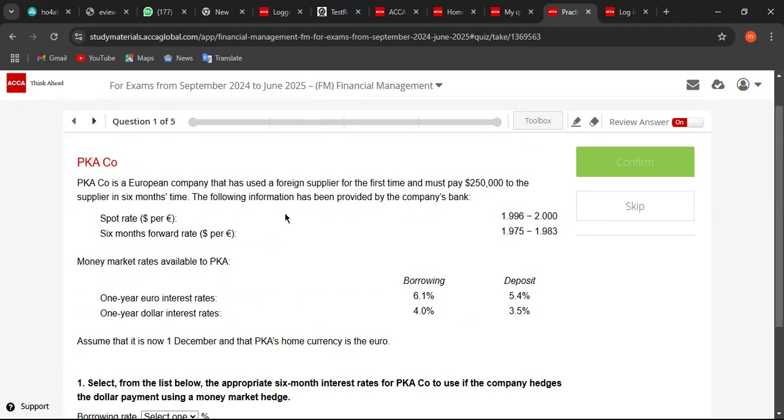The examiner has given you the spot rate. The 6 month forward has been given. Then the money market rates available to PK, 1 year euro interest rates and 1 year dollar interest rates, meaning the home currency borrowing and lending rate is given, and the foreign currency borrowing and lending rate is given.